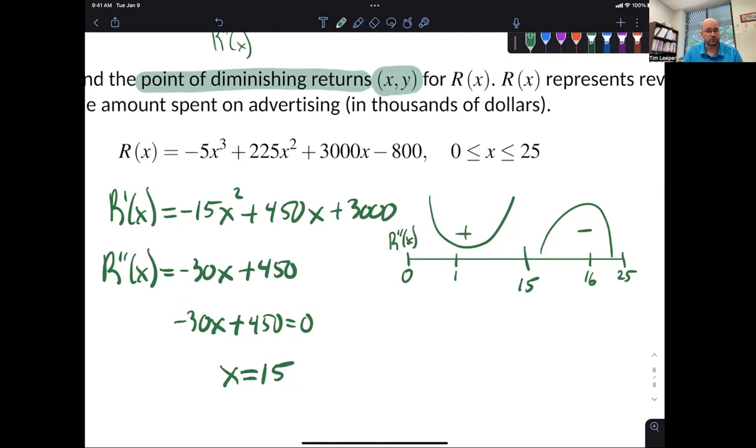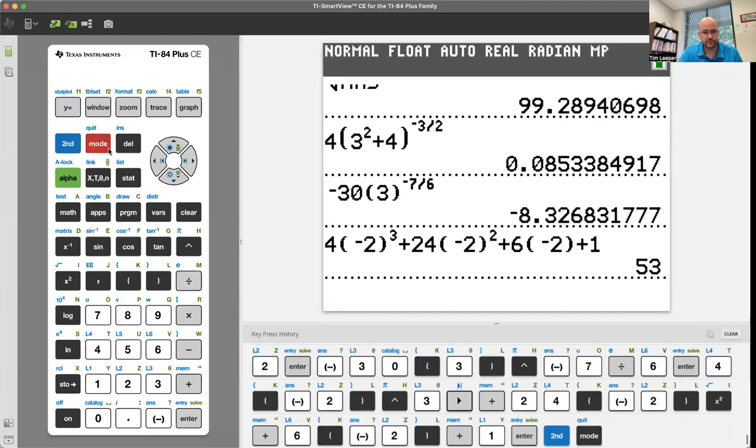The question is, what's the actual coordinate? Well, then we have to figure out what is R of 15. So I'll just plug in 15 for all the x values there. Let's go over here.